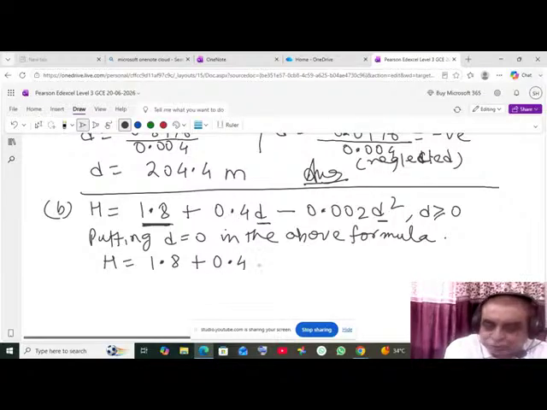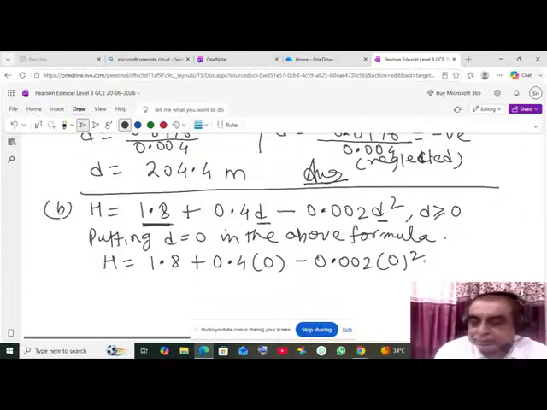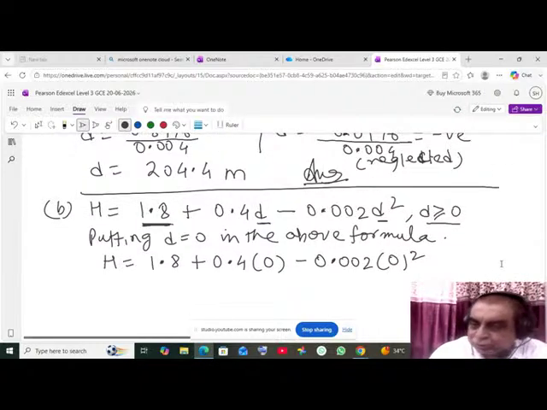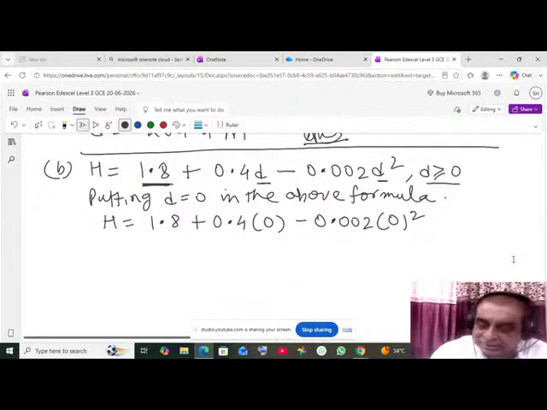So 4 times 0.4 times the value of d, which is 0, minus 0.002, and in the place of d you write 0 whole squared. Because d value is either 0 or greater than 0, not less than 0, when d is 0, it has not traveled any horizontal distance, that means at the starting point, just at the moment when the arrow is shot.